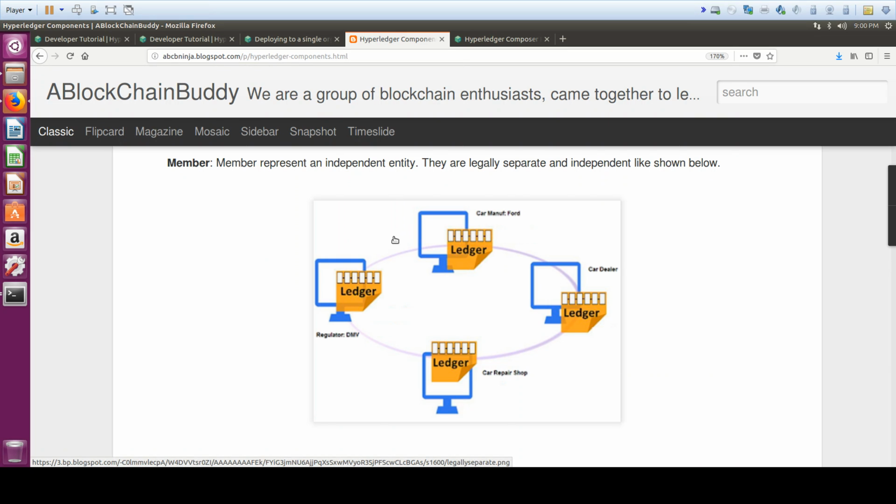Consider an example. This is a blockchain network. We have four members in this network, four organizations. These are each one organization. The car manufacturer, Ford, is an organization, and Ford has a dealer called car dealer, then the car repair shop, and there is a regulator, DMV.